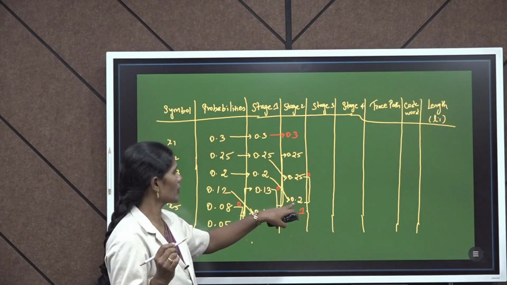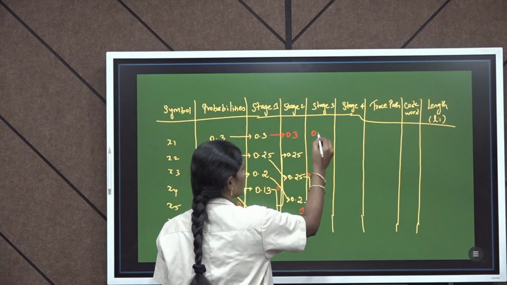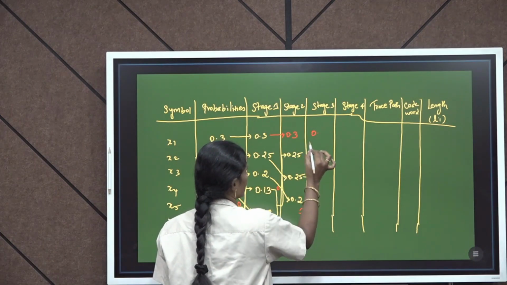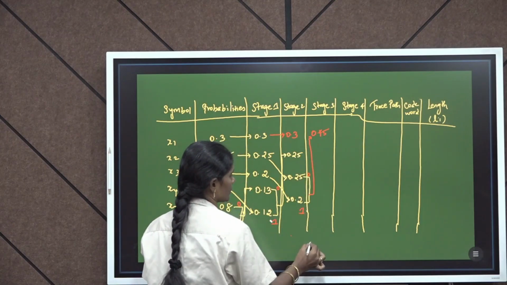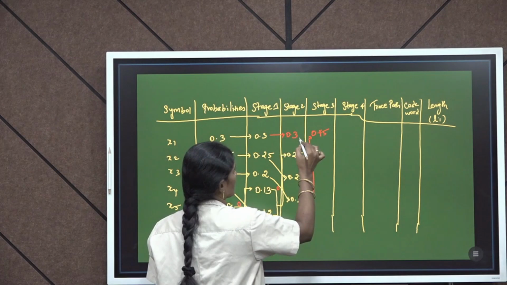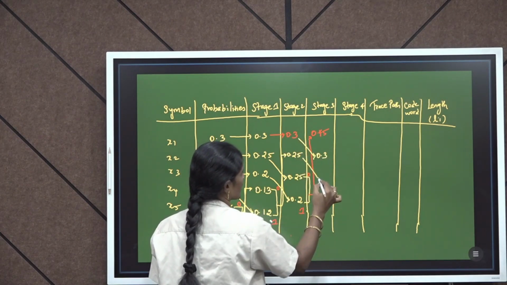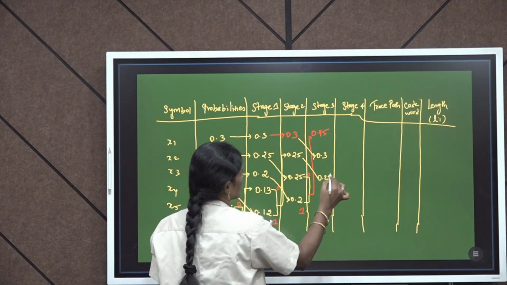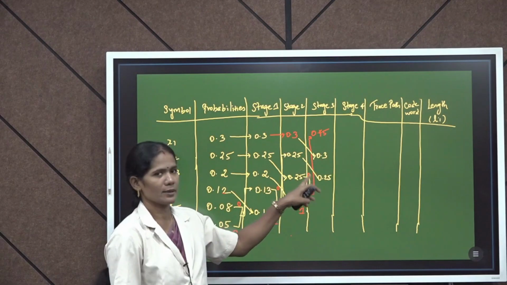This 0.45 comes to the third stage as the first symbol. So, this 0.45 appears here. This 0.3 comes here, next 0.25. So in this stage 3, 4 symbols are reduced to 3.